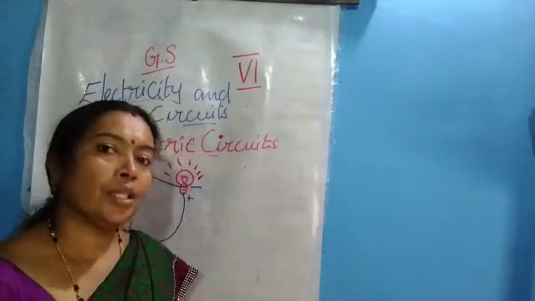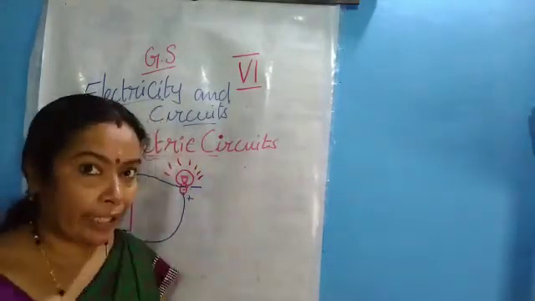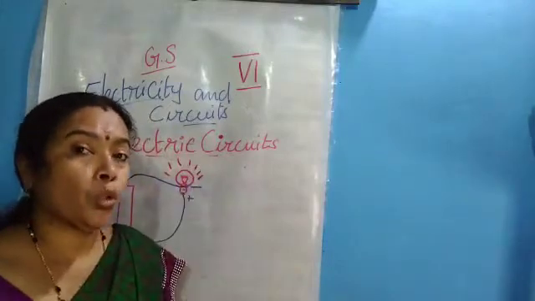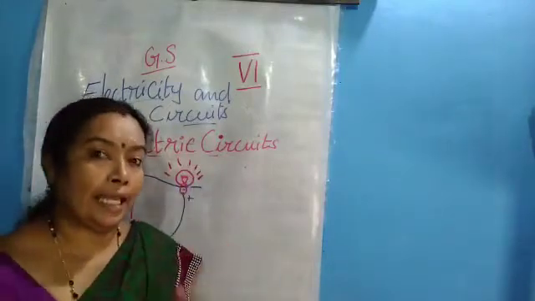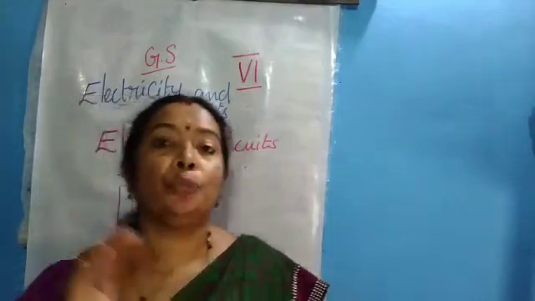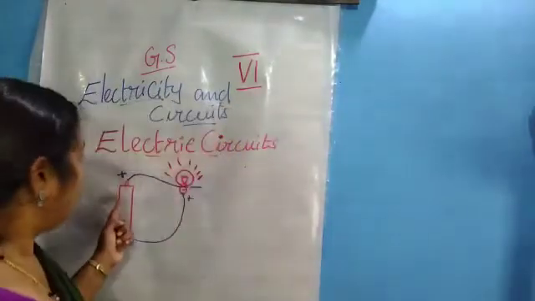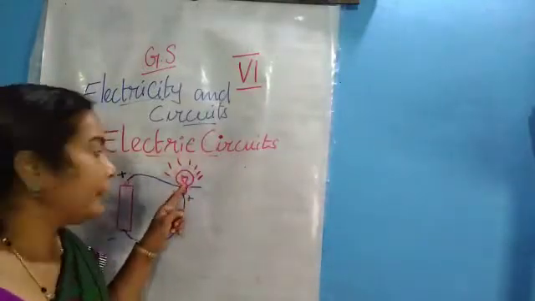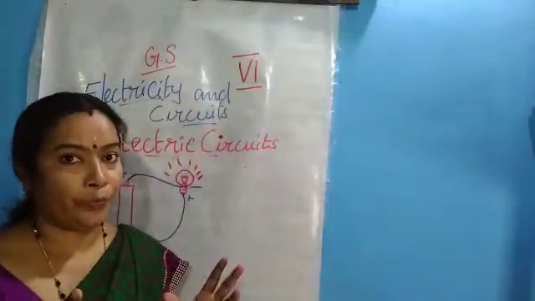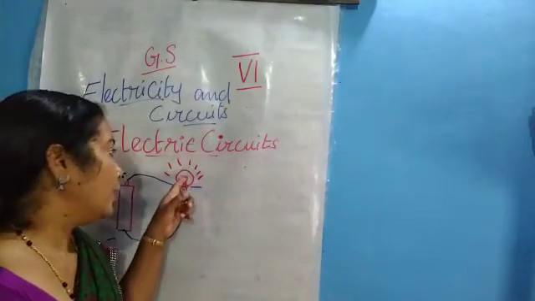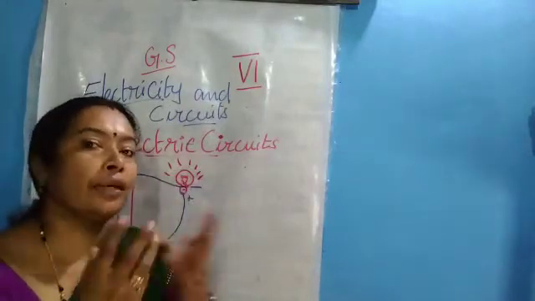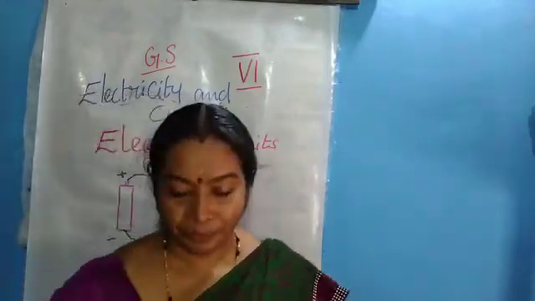Is it clear, students? So an electric circuit is nothing but the complete closed path which allows the electric current to pass through it. Only then does the current reach the bulb, and the filament glows and gives us light.